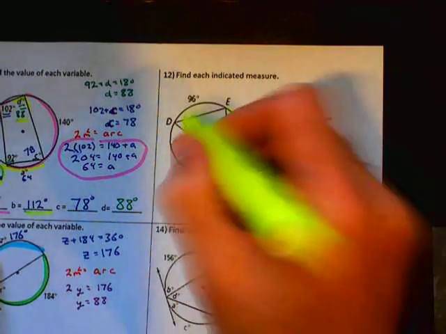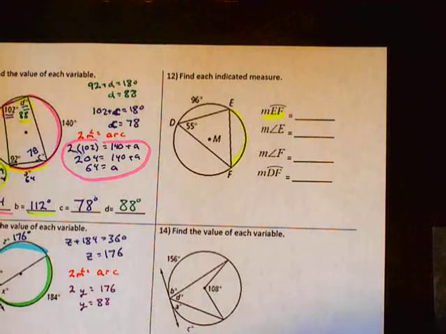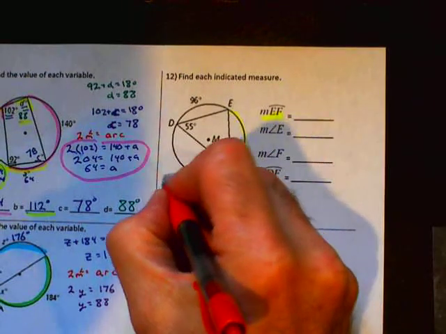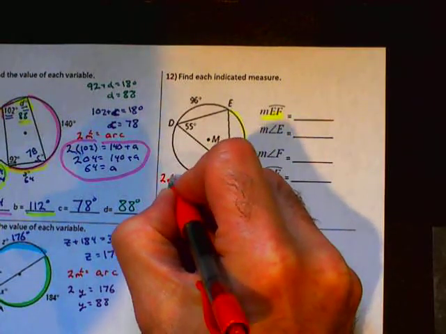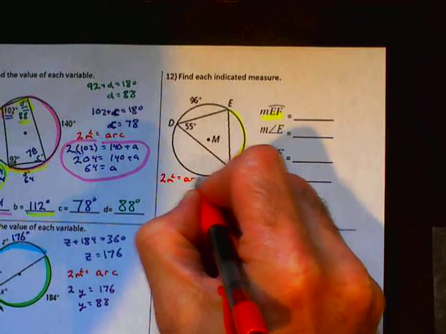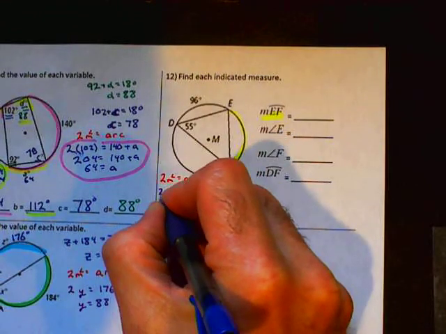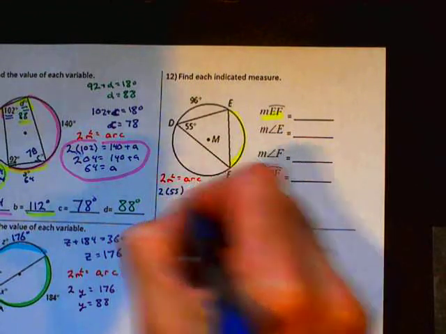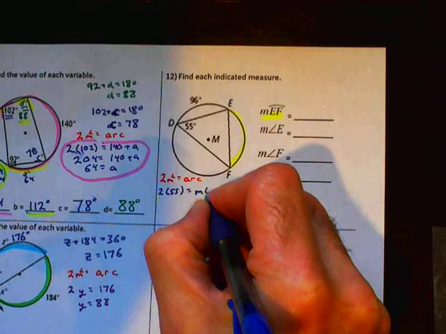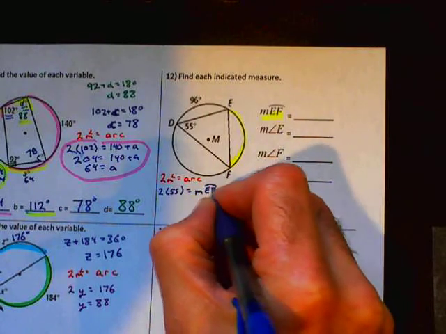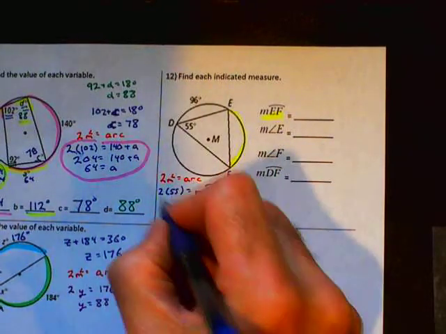I have an inscribed angle of 55, so I'm going to use that 2 times the angle measure equals the arc. So on this problem, 2 times 55 equals the measure of EF. That's 110.